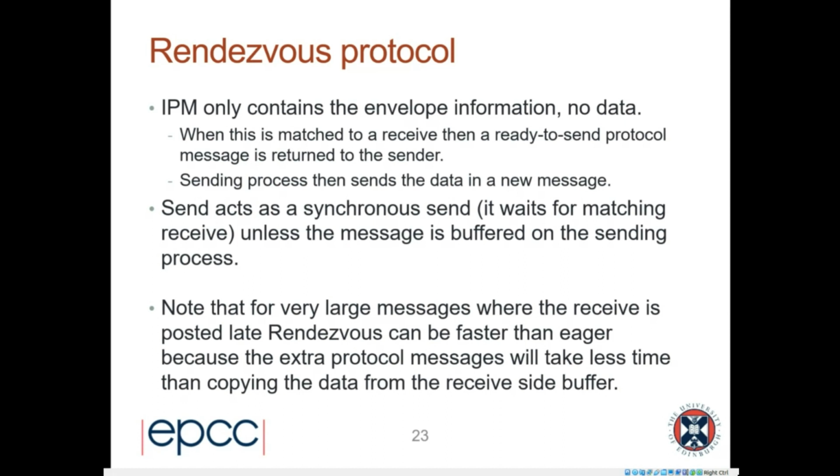With rendezvous, in principle, if someone gets back to you and says, I'm ready for the data, you can then copy the data directly from sender to receiver without any intermediate buffering. So although for small messages eager is quicker, you have to switch to rendezvous for intermediate sized messages, which will introduce an overhead because there's more handshaking going on. For very large messages, rendezvous can actually be quicker than eager. So there are trade-offs.